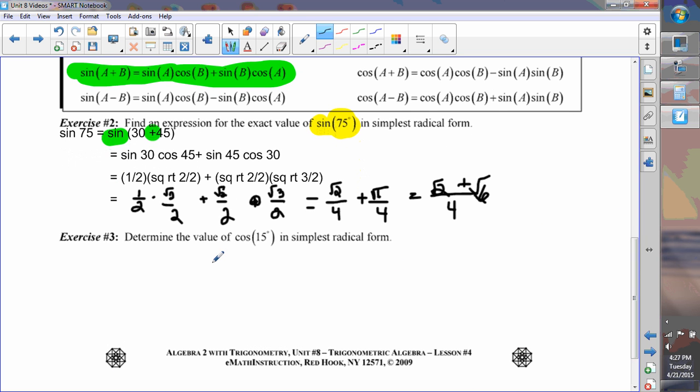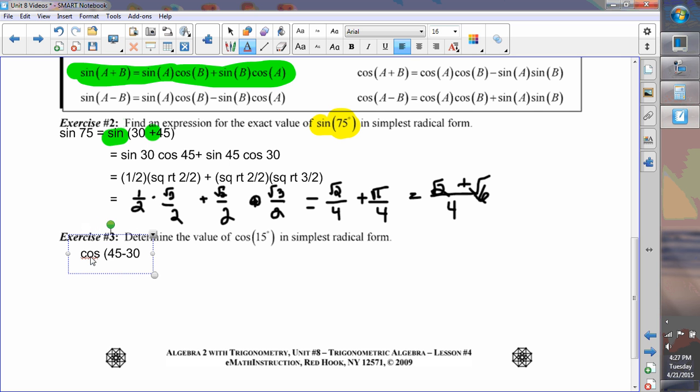Now if we look at exercise 3, they're referring us to the same idea, except they're saying the cosine of 15 degrees. So you may be thinking, okay, cosine. Well, she used 30 and 45 in the last one, so let me try subtracting 45 minus 30. Or you may be saying, no, I didn't think of that, Ms. Griffin.